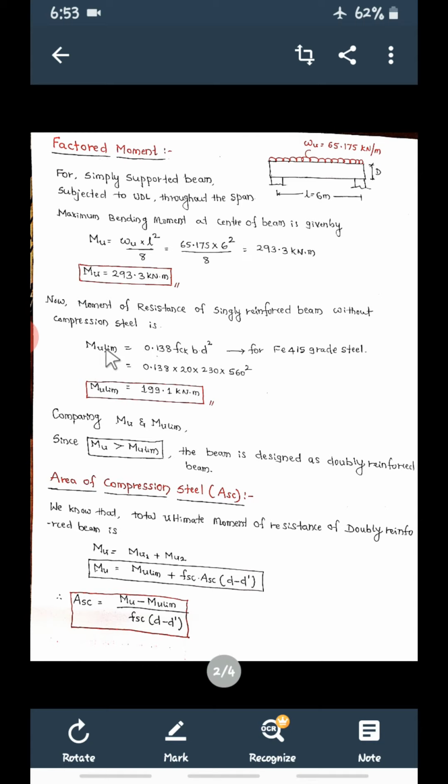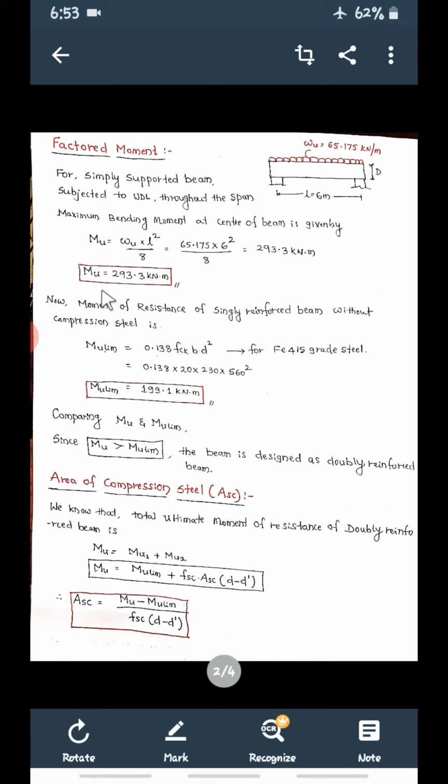So for Fe415, the maximum moment of resistance MU limit is equal to 0.138 FCK BD square. That is 0.138 into FCK, which is 20, into B, which is 230 mm, and D is 560 square. So this MU limit will be 199.1 kilonewton meter.